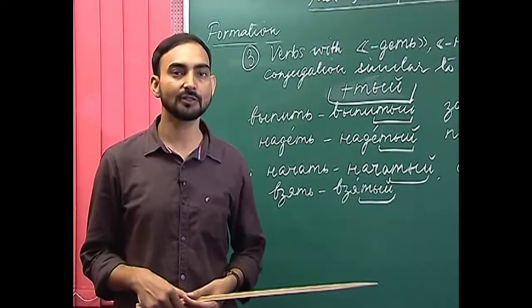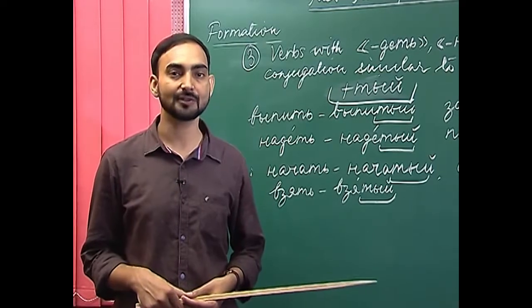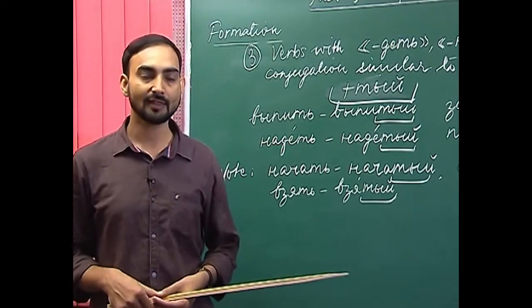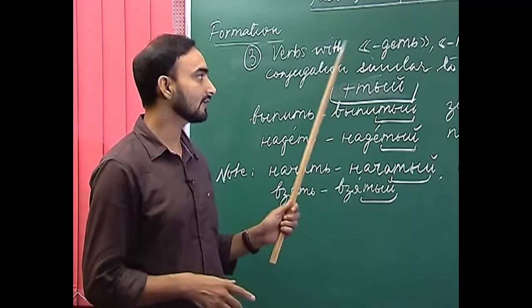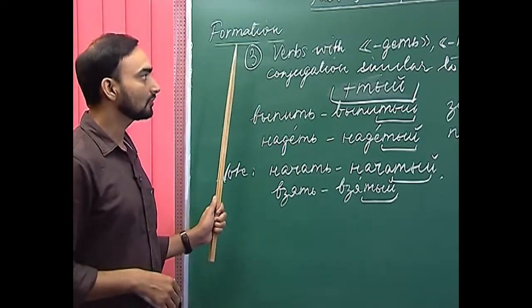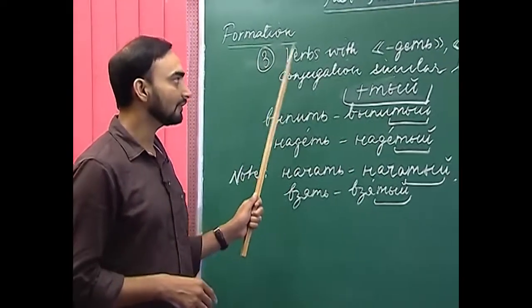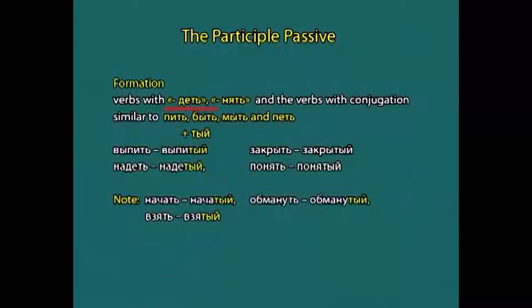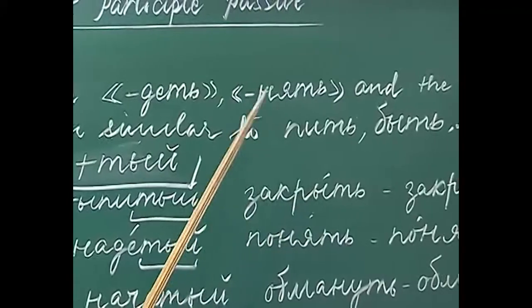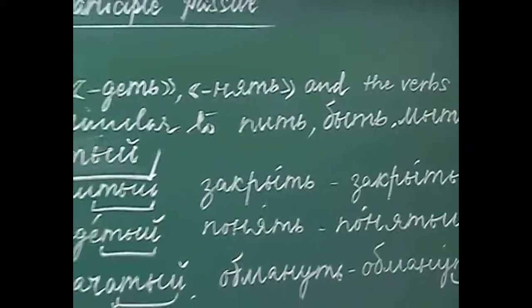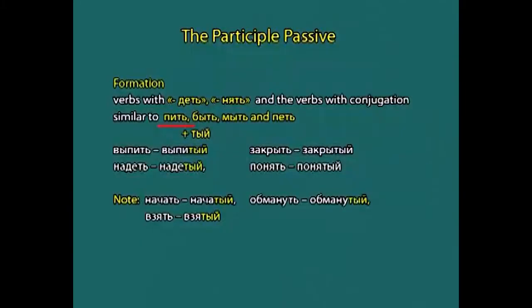We are discussing about the past participle passive, their formation. We have already discussed about two rules, now we will discuss the third rule. So, to form the past participle passive, if we come across a verb with the ending jet, the, ye, te soft sign or nyat and ya, the and soft sign and the verbs with the conjugation similar to peet, beet, meet or piet.